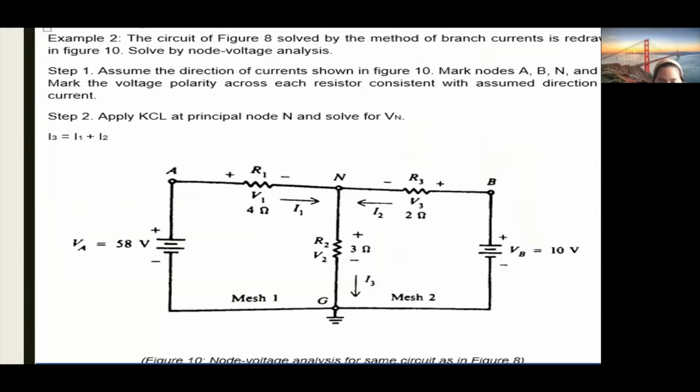Because the circuit figure was solved by the method of branch current, we're now going to get it solved by the node voltage analysis. The LCD: since 8 is not divisible by 3, let's just use 3 times 4, which is divisible by all the numbers. Multiplying each term, we get I1 plus 12, I2.